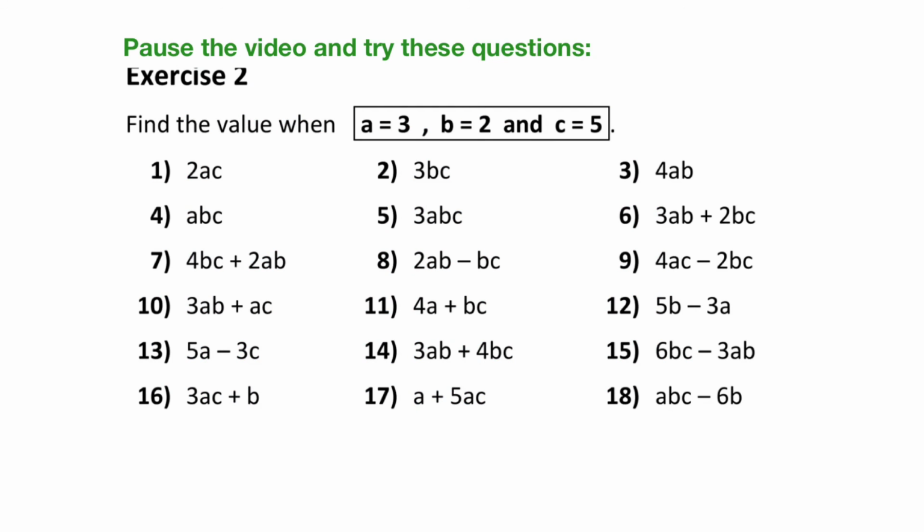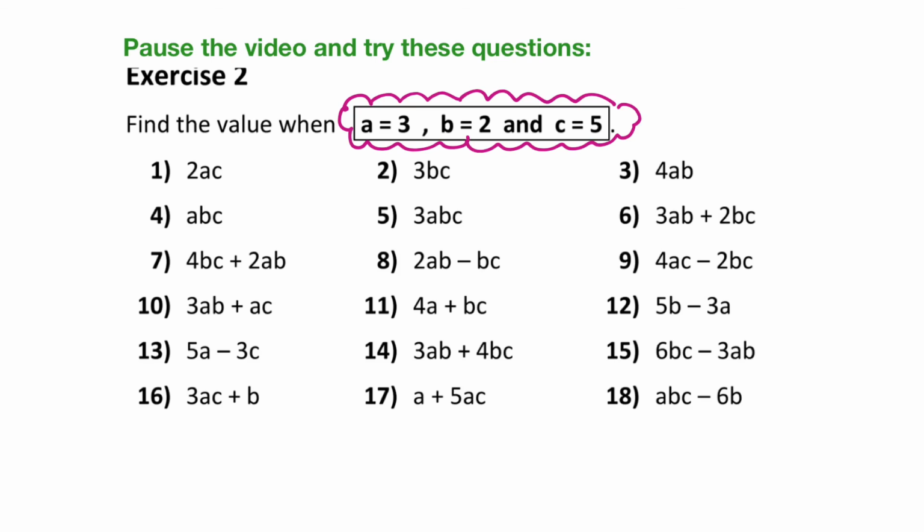Okay, so now we can see we've got very similar things to what we've just been working on. We've got our values here for our variables. So A is 3, B is 2 and C is 5, and you've got to work out all of these things. So take your time, no hurry. Remember to write down what each one means before you do your substitution.